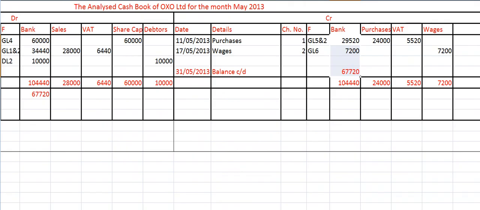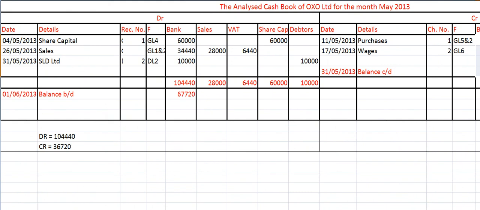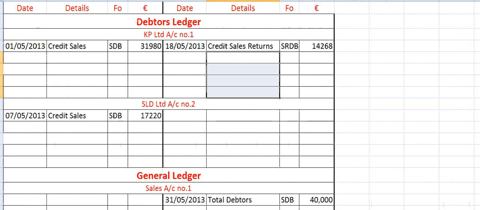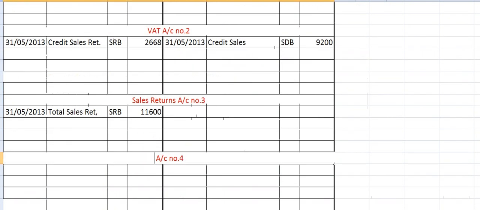Okay, so I'll do it one by one. A good practice is to put a little tick here as you do each transaction. The first one, share capital, is on the 4th of the 5th, and we're going to open a new account in the general ledger, called ordinary share capital, account number 4.